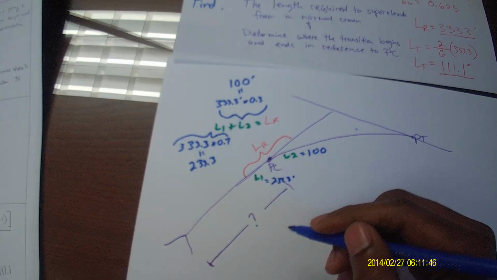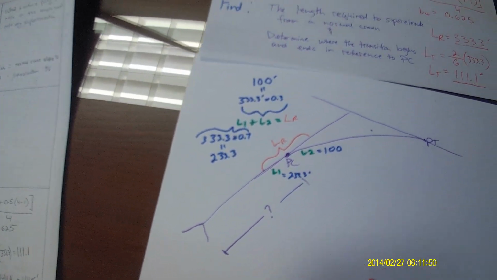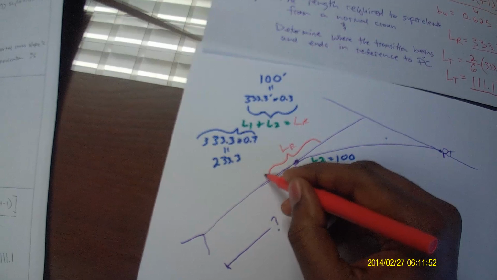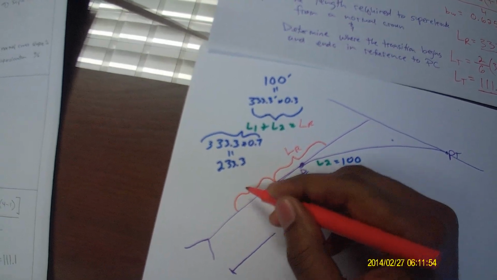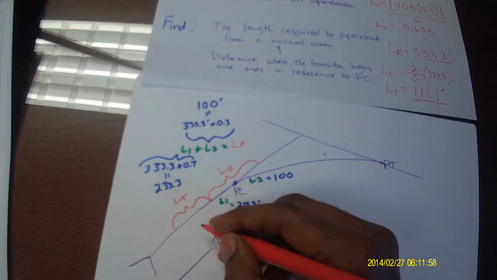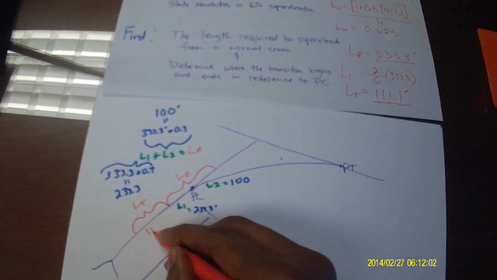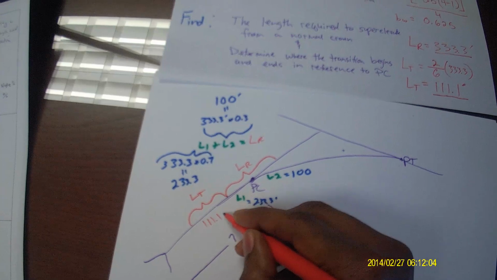Now I know that my L sub t was already determined to be 111.1.